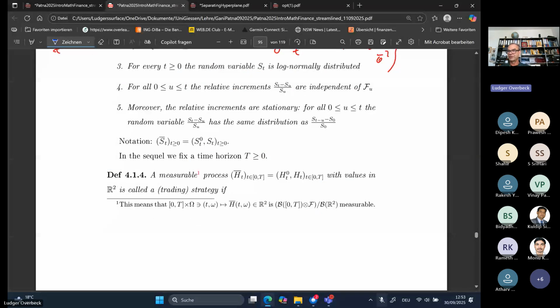Also for replication, you have to do stochastic calculus for jump processes, and you have to show that there is a representation theorem, or a unique martingale measure, whatever bit of the general theory you want to apply. So I guess it's a good point in time to finish this lecture.